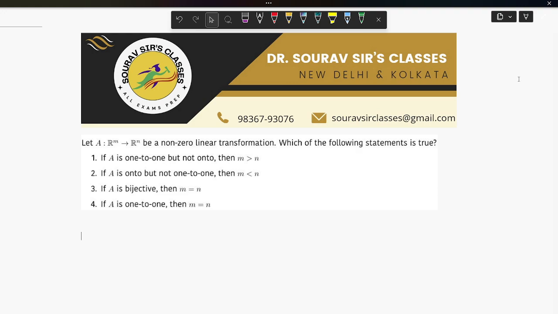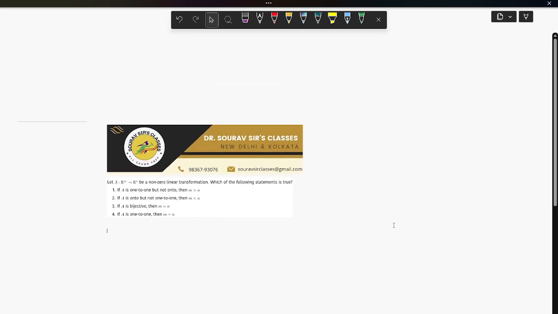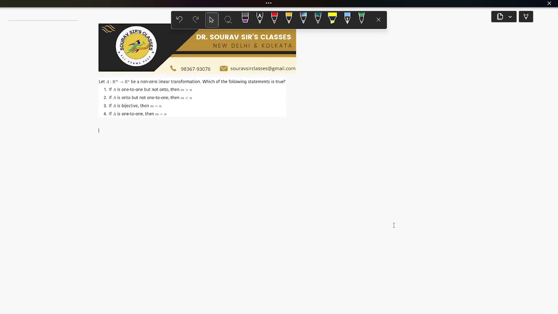Now we first have to give the definitions of 1 to 1 and onto linear operators. What is a 1 to 1? That means an injective linear operator.